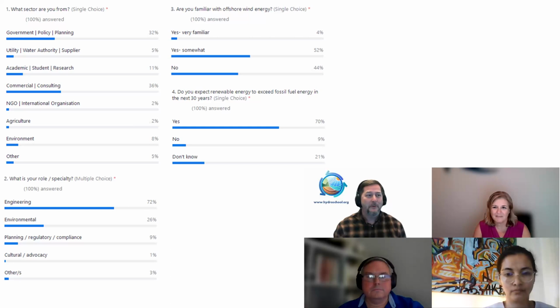Let's have a look at the poll real quick, and then we'll get right into Kim's introduction to offshore wind. Most are coming to us from commercial consulting, but a very large contingent is from government and planning. Most people, whether in government and planning or the commercial industry, are from an engineering background, so we want to focus on environmental, engineering, and planning aspects.